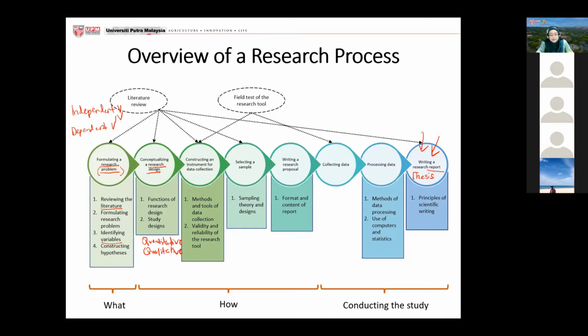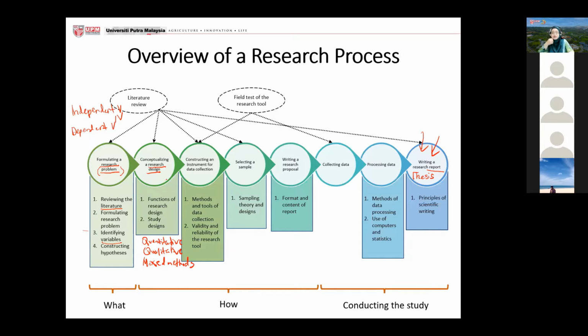However, there are research studies where you have to do both, and it's called a mixed method. So in mixed methods, it's actually a combination of the two. Right? So that is for research design.